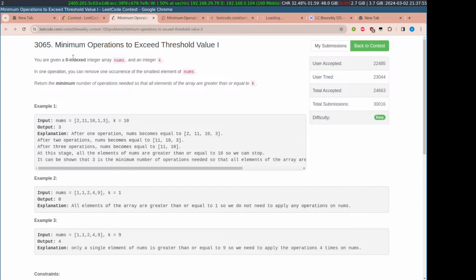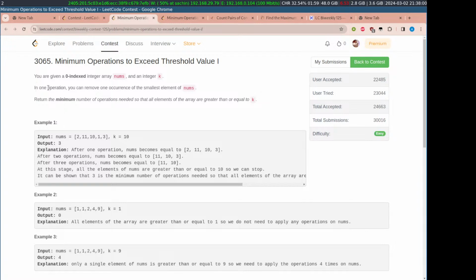It says you are given a 0 indexed array nums and an integer k. In one operation, you can remove one occurrence of the smallest element of nums. Return the minimum number of operations needed so that all the elements of the array are greater than or equal to k.